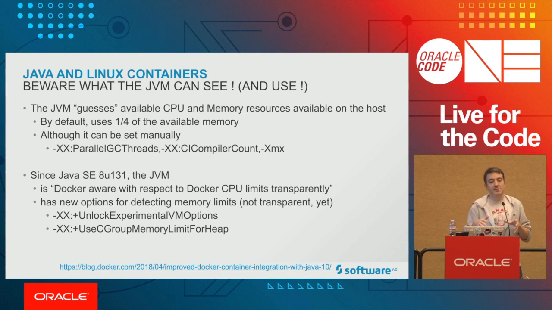Whenever the JVM starts up, it will try to find out the amount of memory that is available on the machine. So if you don't put any constraints on the JVM, it will try to guess it. Once it finds it, usually by asking the host, it will divide it by 4 and say, all right, this is my max memory.